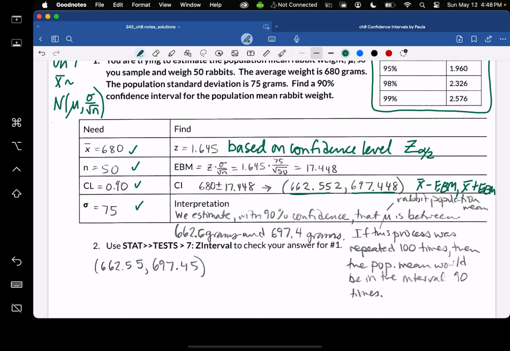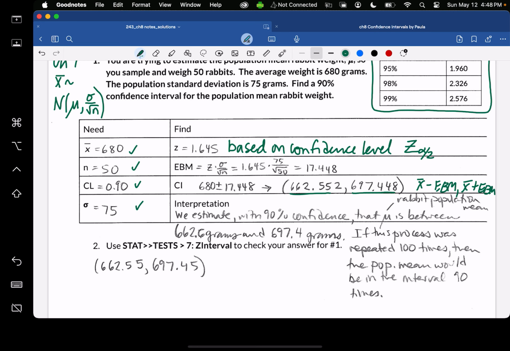We estimate, here's my interpretation, we estimate with 90% confidence that mu, the rabbit population mean, is between 662.6 grams and 697.4 grams. I got rid of a little bit of accuracy, that was too cluttery. So I'm 90% confident that the population mean is between these two values.